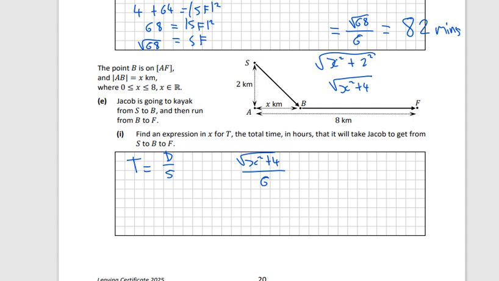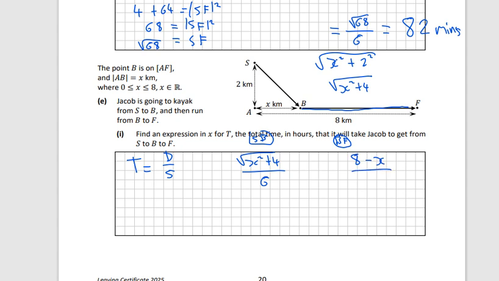So that's S to B. Now I'm doing B to F. From B to F, the distance would be the full 8, take away the x, so 8 take away x.